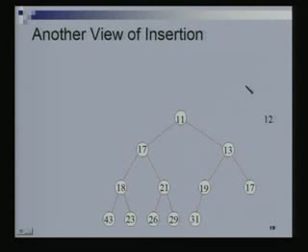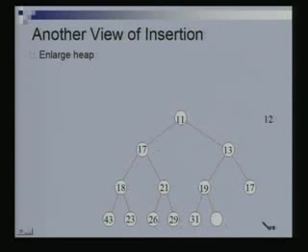So let's look at insertion again from a slightly different point of view. We again have the same heap as before, and we are trying to insert 12. So first we enlarge the heap, which means that we create a new node, because we know that the new heap now has 13 elements in it.